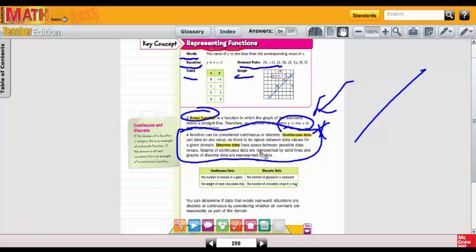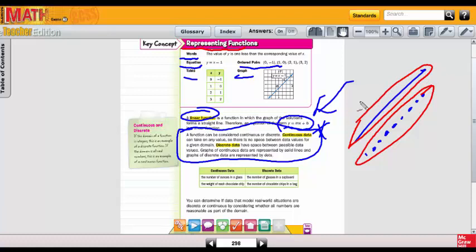Graphs of continuous data are represented by solid lines, and graphs of discrete data are represented by dots, or there would be a much better word for them to use here, points. So for example, over here, this would be a set of discrete data, this would be a set of discrete data, this would be a set of continuous data.